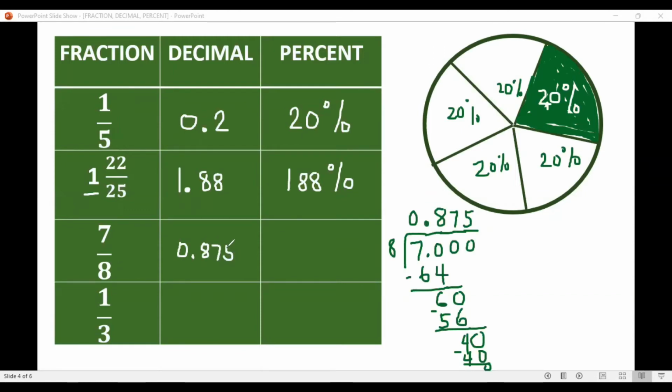And how do we do that in percent? You just have to multiply this by 100. Again, if you are multiplying by 100, you just have to move 2 places to the right. Therefore, the answer that we are getting is 87.5%.